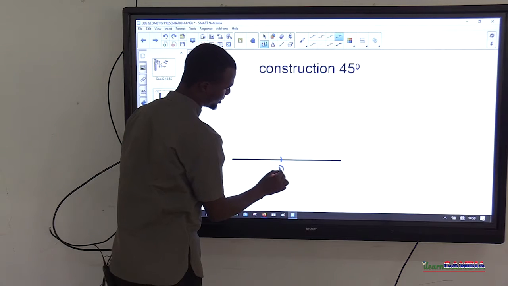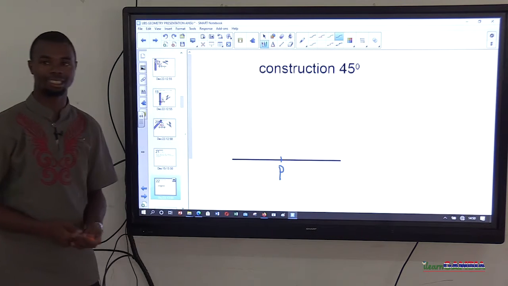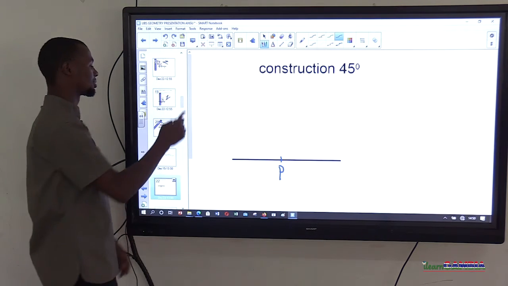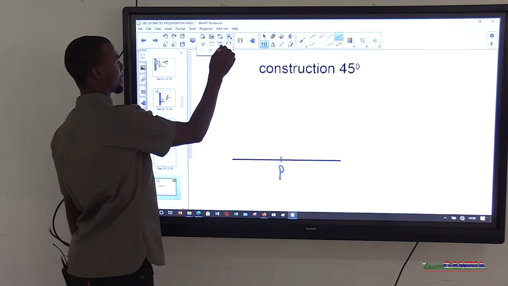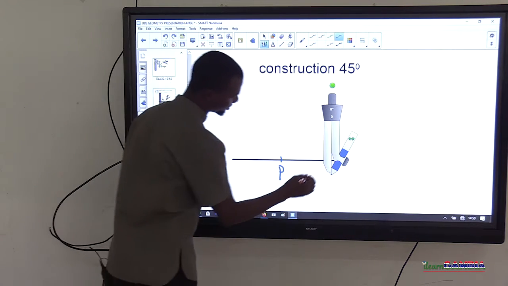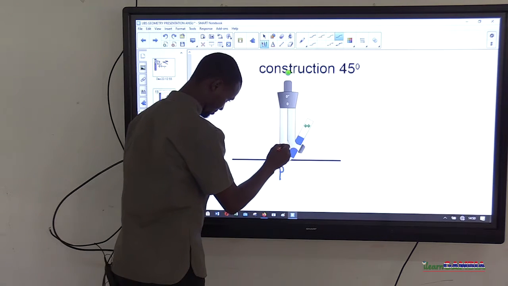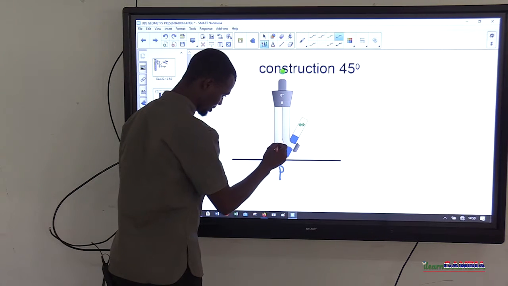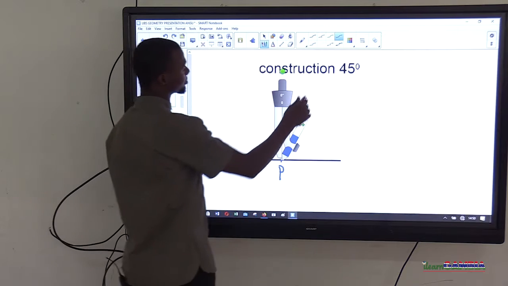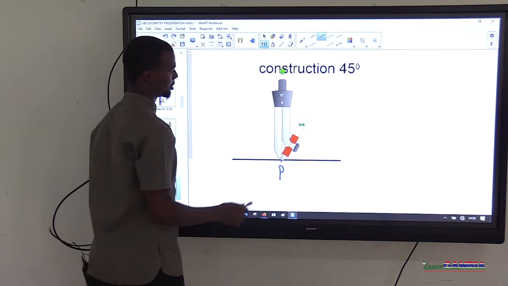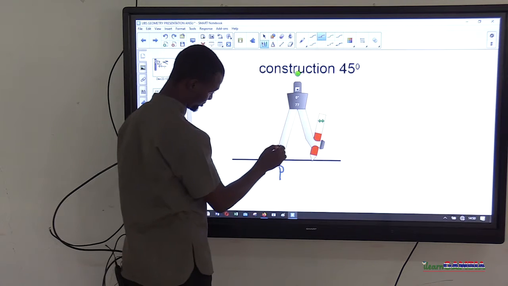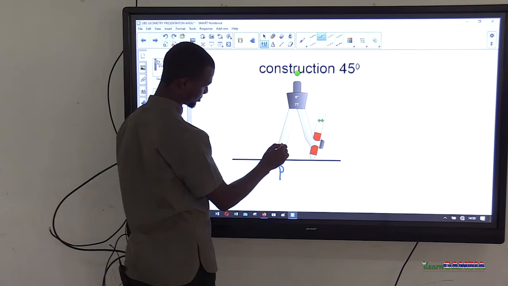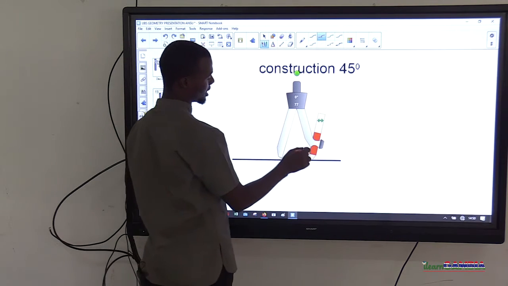This is point P. So we construct 90 degrees at P. Compass. Stand at P. We are constructing 90 at P. Draw an arc on the line, open to any convenient radius.